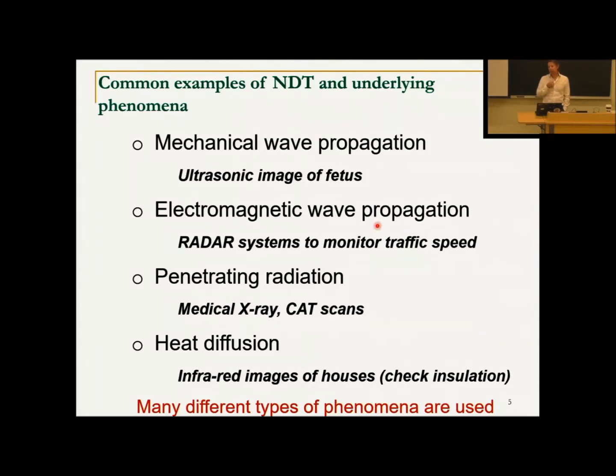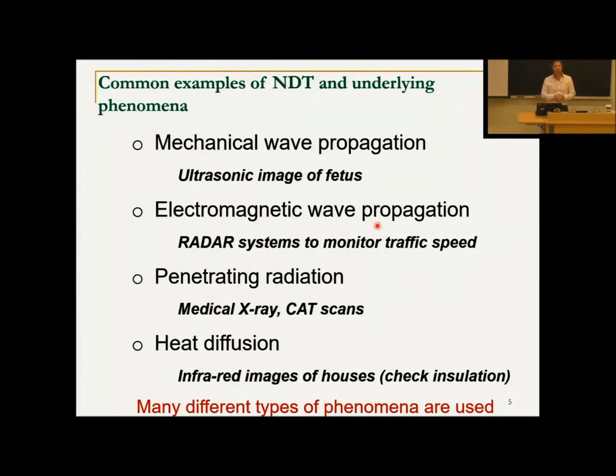Or penetrating radiation, we all understand what an X-ray radiograph or a CAT scan is, right? These are making use of these phenomena to draw some inference about a material through this indirect relationship. So there are lots of different phenomena, but they each have advantages and disadvantages. They have strong points and weak points.